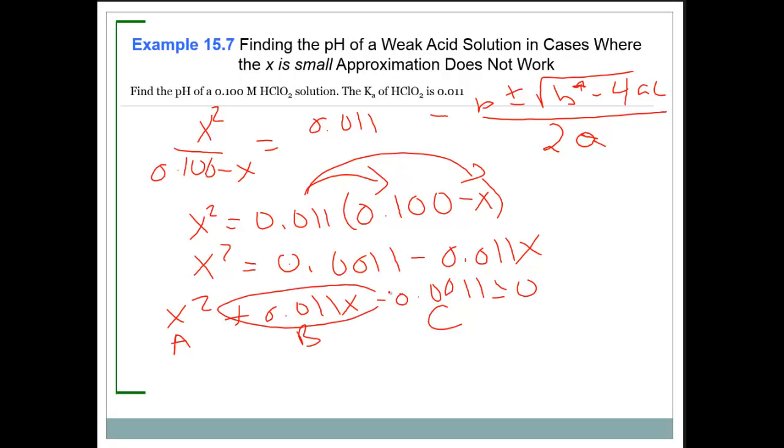So our negative B would be negative 0.011 plus or minus the square root of B squared, which is 0.00121, 3 zeros, minus 4AC, which is 4 times 1 times negative 0.0011, which comes out to be negative 0.0044.